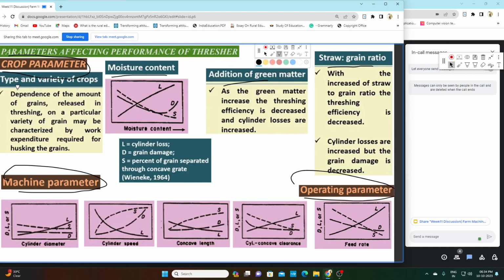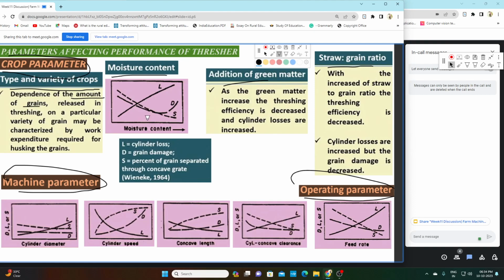So basically, when we are talking about type and variety of crops, we are talking about the amount of grains. There can be some crops which have more grain on them, and some crops which have less grain on them. This is the first crop parameter, that is type and variety of the crop.